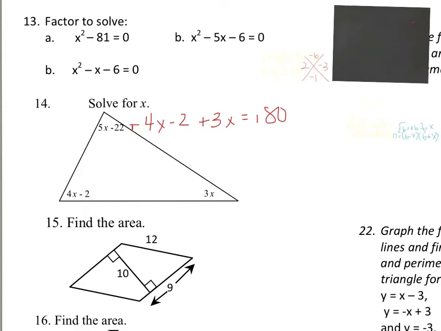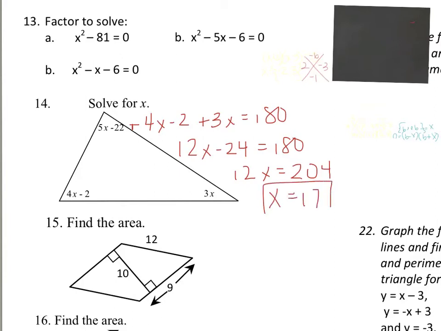So when I add all my x's together, I get 12x minus 24 equals 180. 12x is equal to, I'm going to add 24, so I get 204. And 204 divided by 12 is 17. And that is the answer.